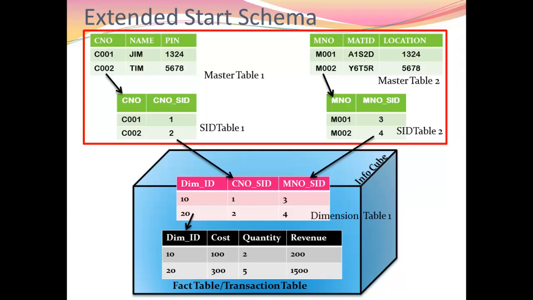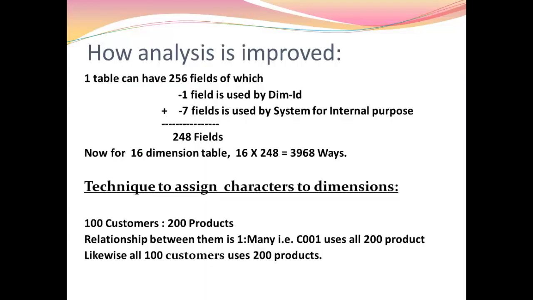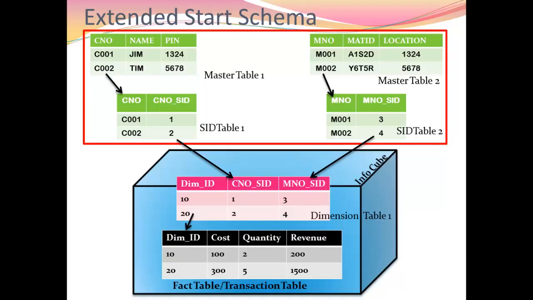Now we will see how it has improved the analysis. One table can have a maximum of 256 fields, of which one is used by dimension ID and the rest 7 is used by the system for its internal purpose. So now we are left with 248 fields. In this example, I'm talking about a single dimension table. A single dimension table can hold 248 characters.